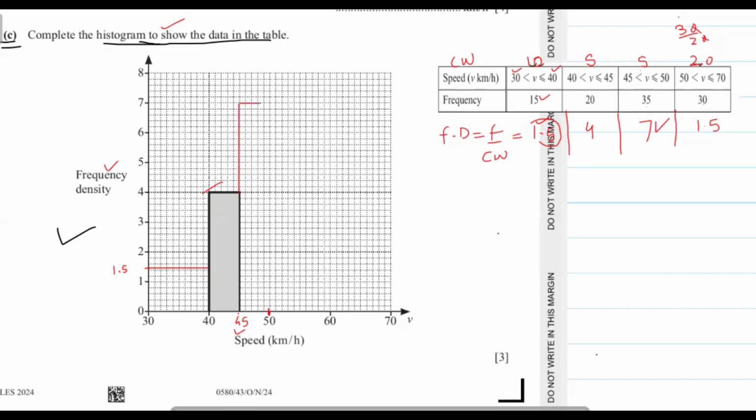Therefore, we will draw the bar of height 7. And the next bar width is 50 to 70 and the height of the bar is 1.5. And this is the histogram chart of this table.